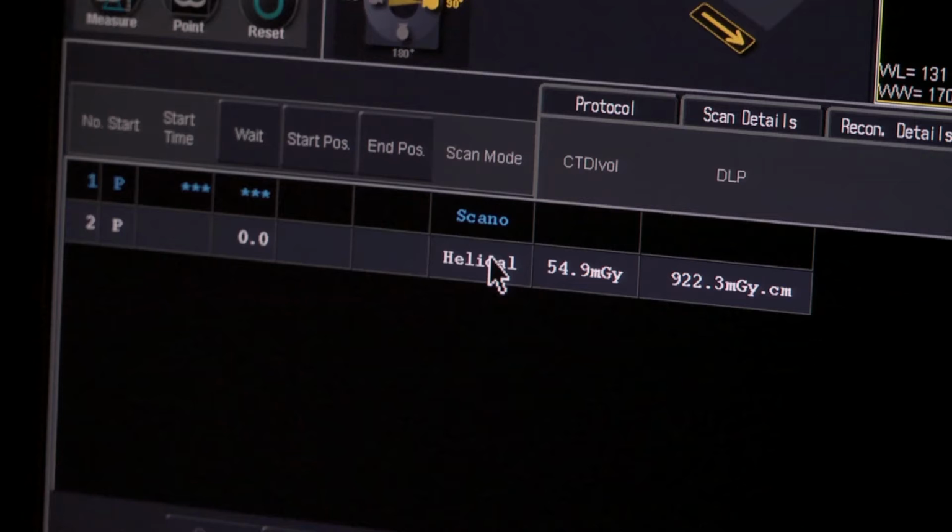In this case, the computed tomography dose index, indicated as CTDI volume, will give a measure of the dose deposited in a single slice of the patient in milligray.